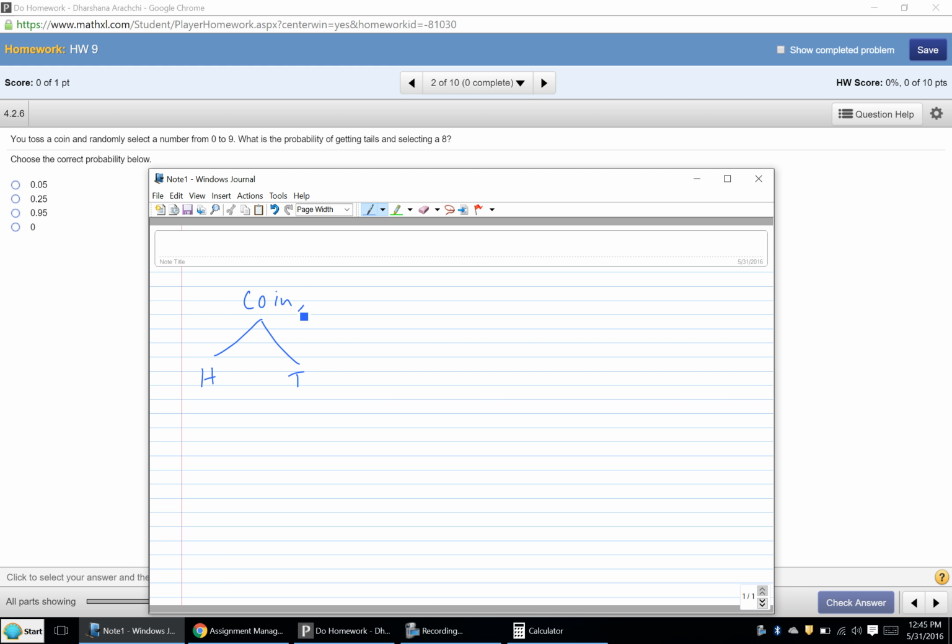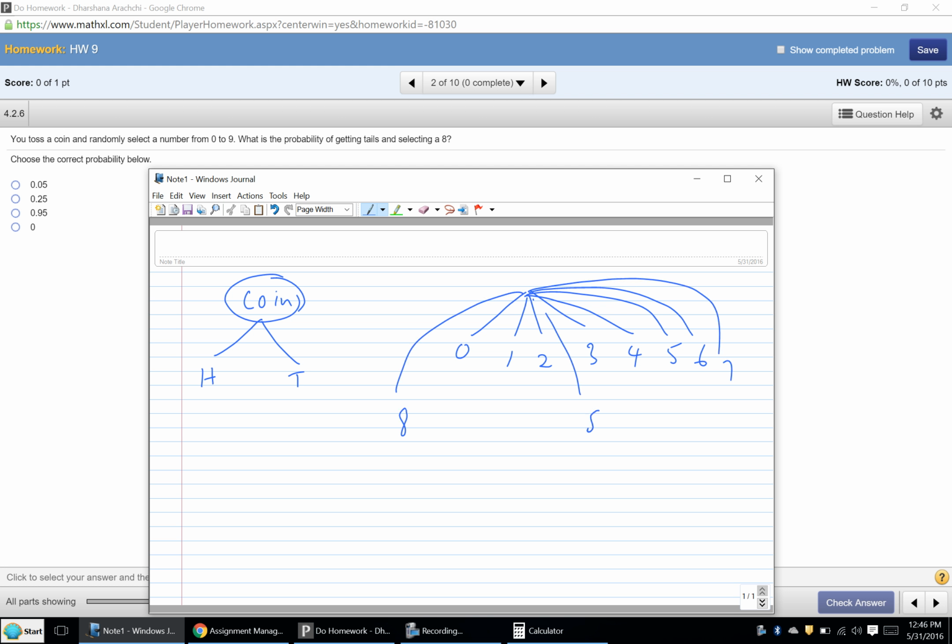And then you are selecting a number from 0 to 9. So what are the possibilities? In the second experiment, you can select 0, 1, 2, 3, 4, 5, 6, 7, 8 and 9. So you can select any of these 10 numbers.